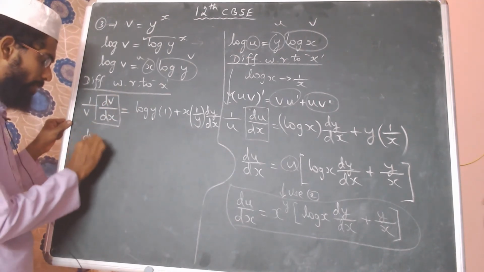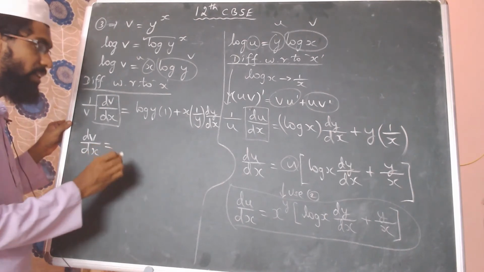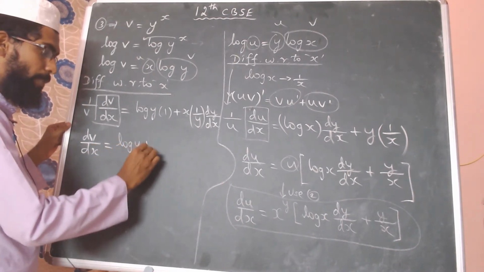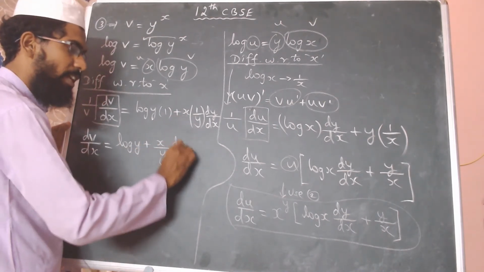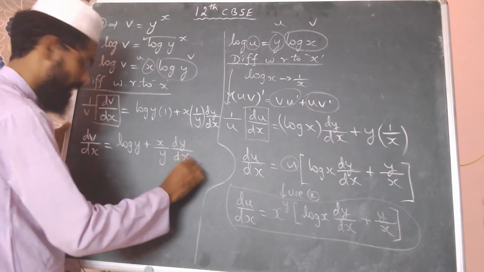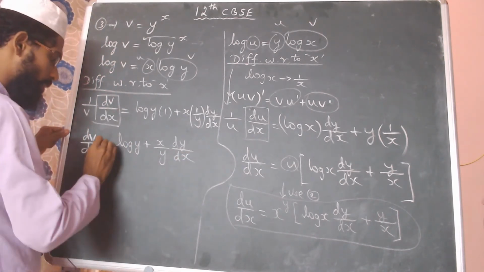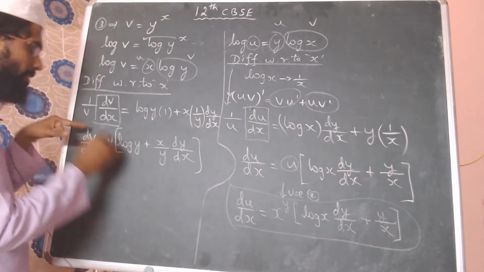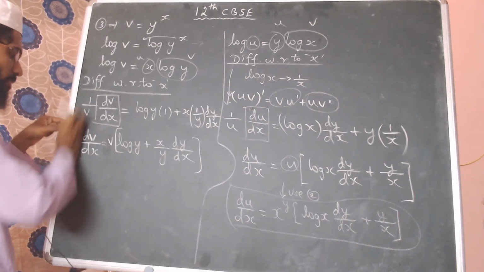Now I want dv by dx. So dv by dx equals v into (log y plus x into 1 by y dy by dx, that is x by y dy by dx). I have taken this v to this side. So what is my v actually?